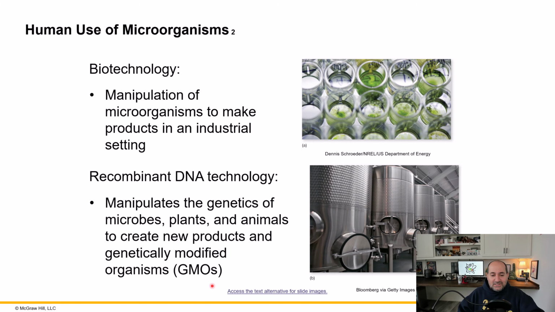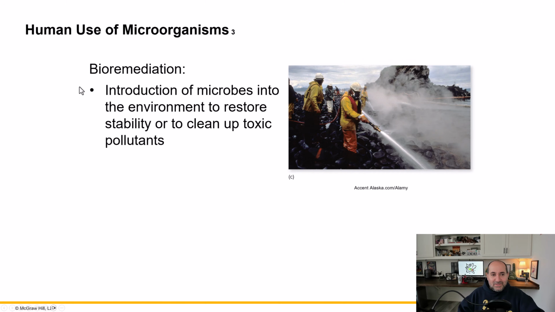These organisms that are genetically modified, GMOs, genetically modified organisms, are benefiting humanity. And again, I mentioned earlier bioremediation, using these microbes or the enzymes they produce to help clean up toxic pollutants, including oil spills and such. Look how broad the scope of microbiology is today.